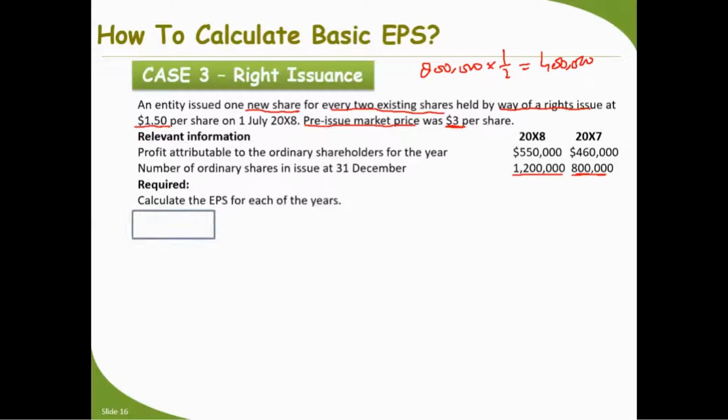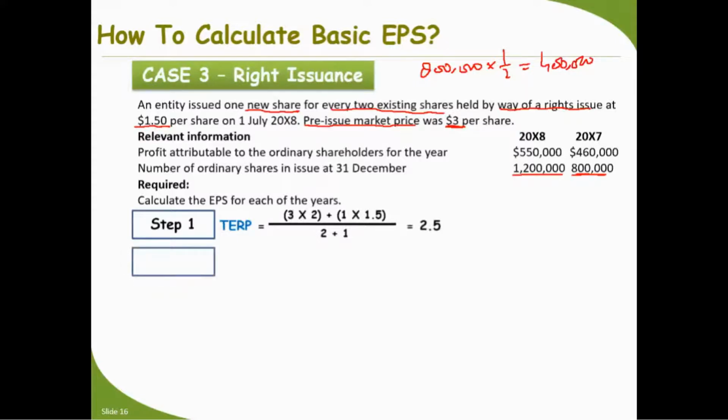Calculate the EPS for each year. First of all, calculate TERP, which is equal to 3, the market price before right shares, times 2, the number of shares required for 1 right, plus 1 right times the issuance price of 1 right share, which is 1.5, divided by 2 plus 1, which is equal to 2.5.